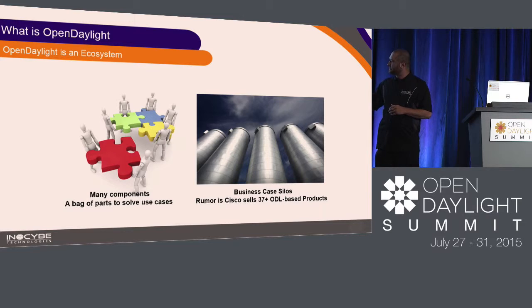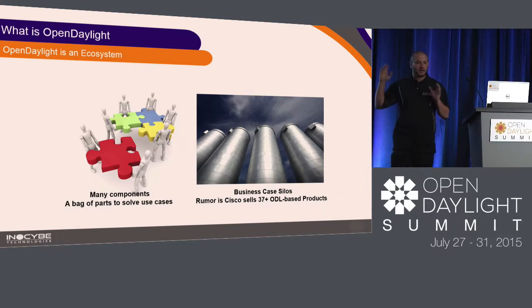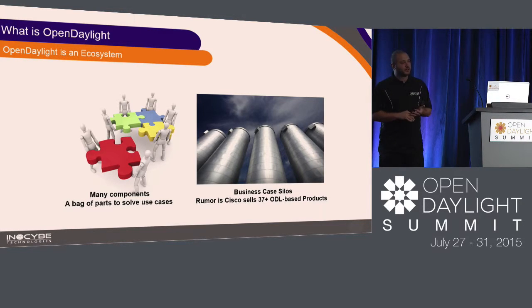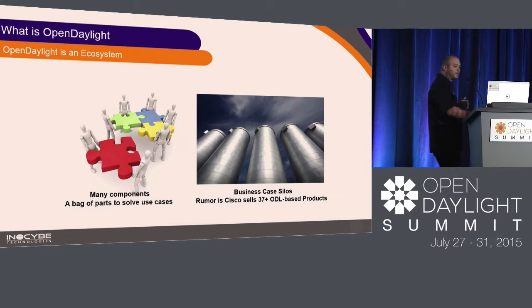But what this is creating is a bunch of silos, right? These silos are basically due to the fact that each person bringing their project is going at this either to build a product, build a solution, or do something very specific with the platform to solve a business need.